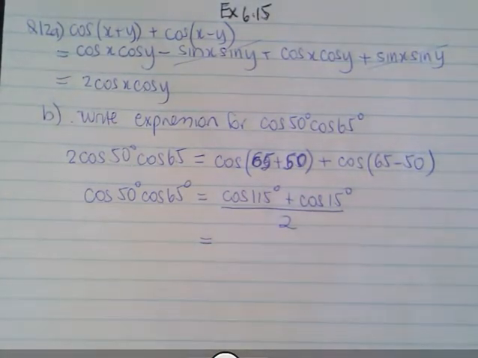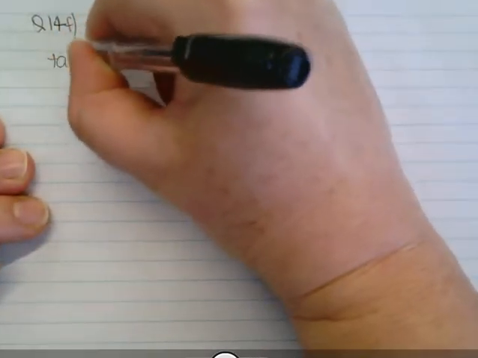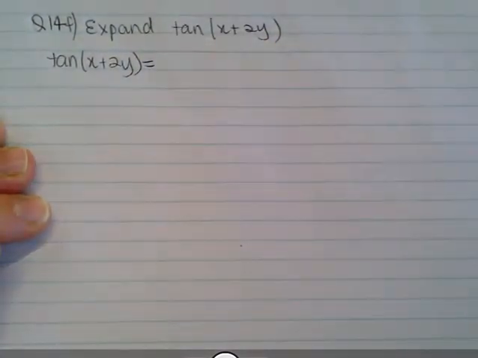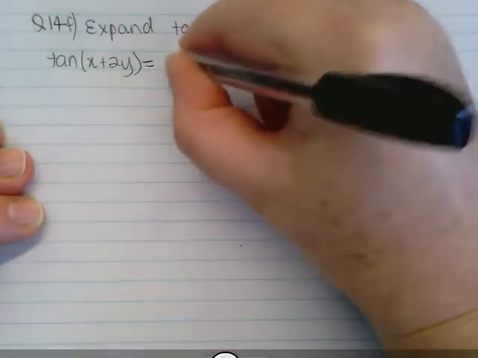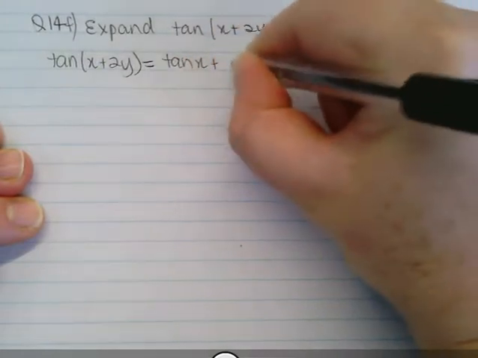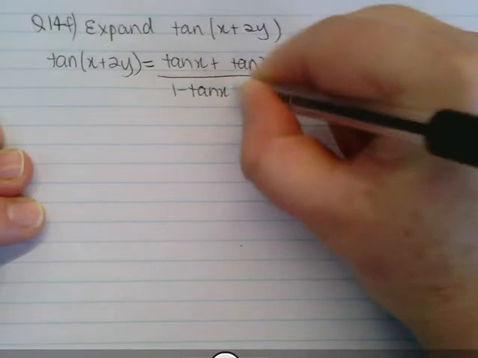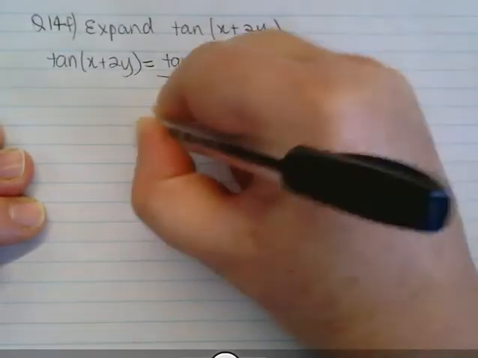All right. 14F, expand tan of x plus 2y. So we've got tan of x plus 2y, using just the expansion, the sums and differences result, is tan of x plus tan of 2y over 1 minus tan of x times tan of 2y.